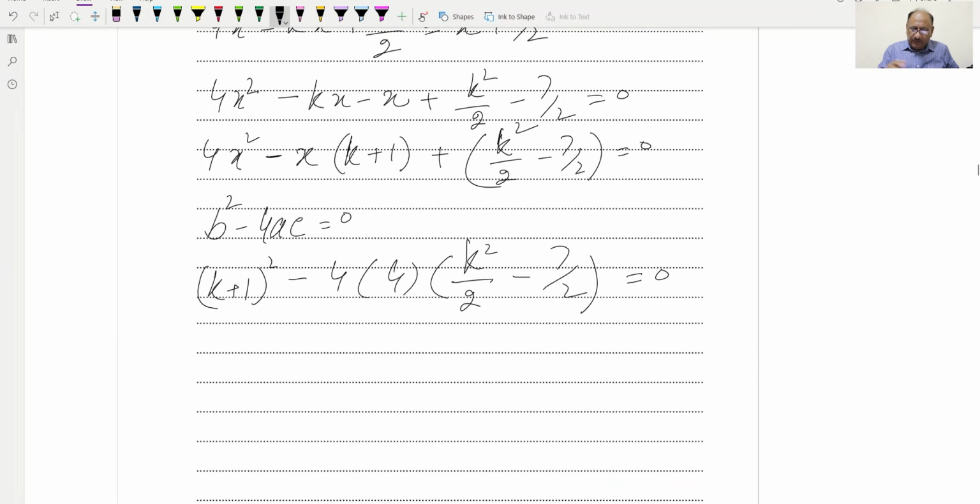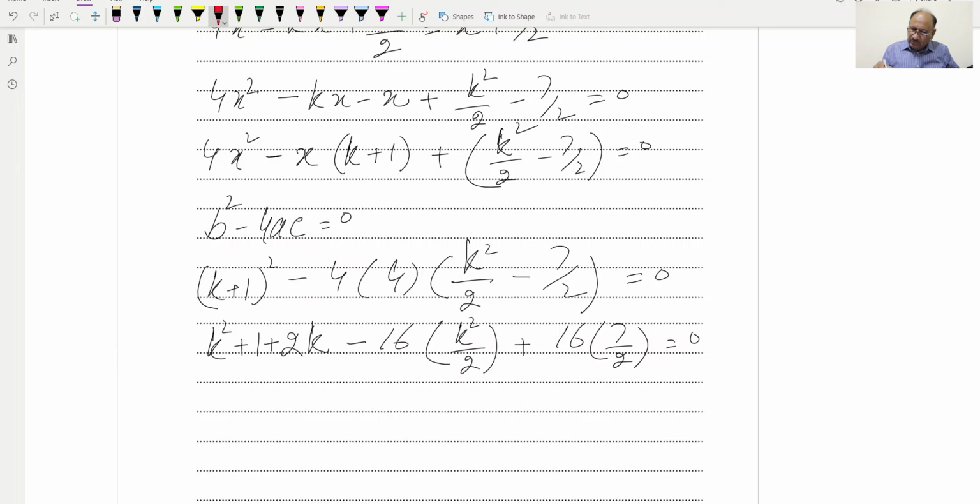Now further we can open this square. If we open this square, it will be k squared plus 1 plus 2k, and this will be minus 16, and inside will be 16 multiplied by k square by 2, and minus minus plus, this will be 16 into 7/2, and this is equal to 0.